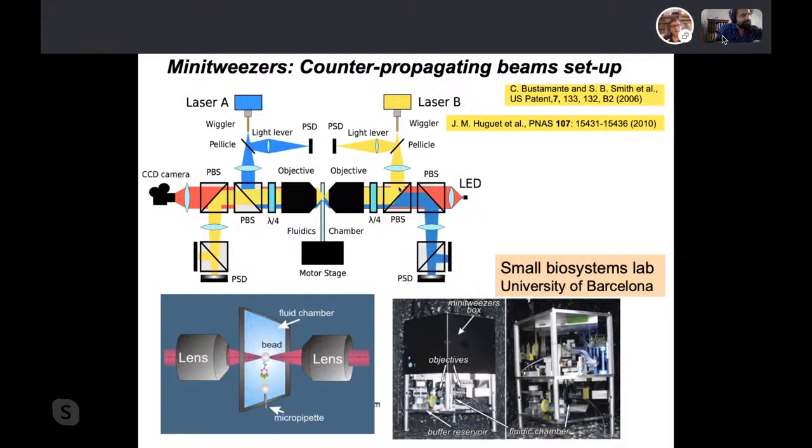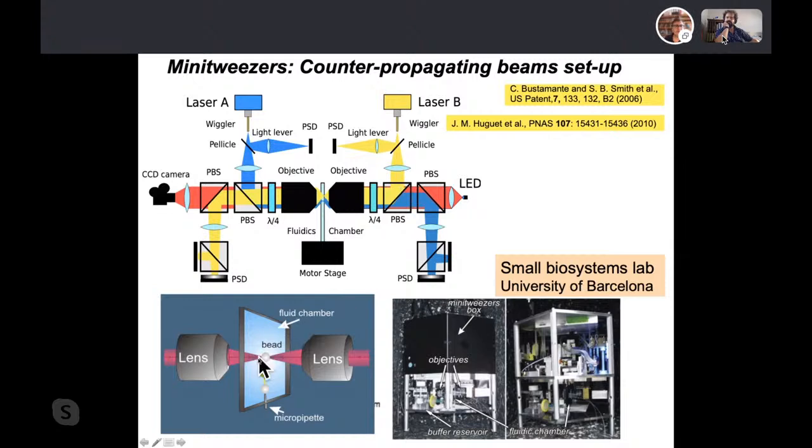So the method that we use to measure force is very basically related to what people use in force spectroscopy instruments. We have a beam of light, and this beam of light is deflected by the bead.